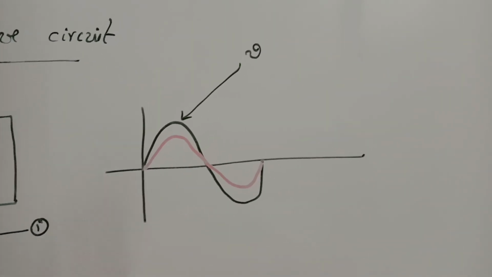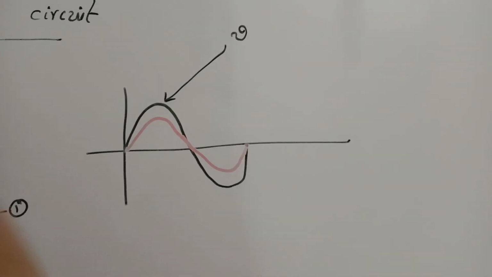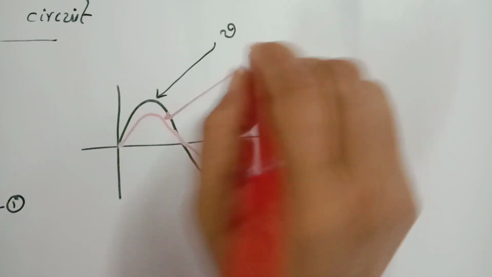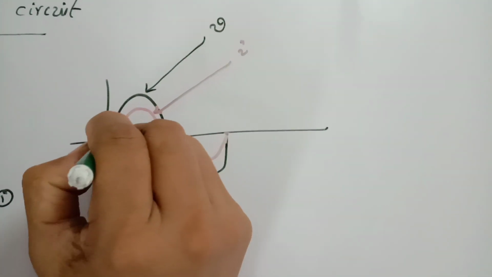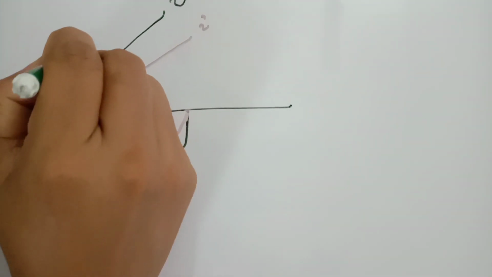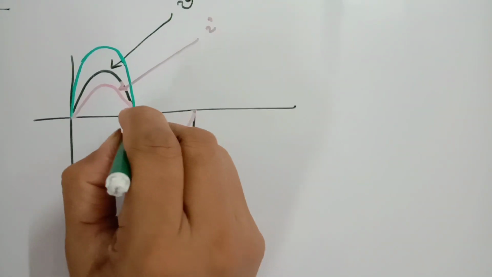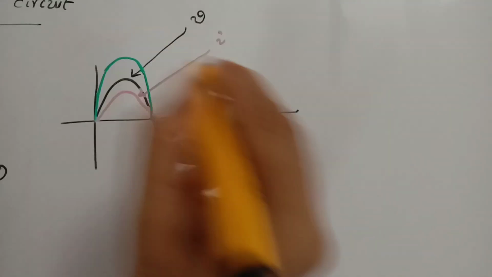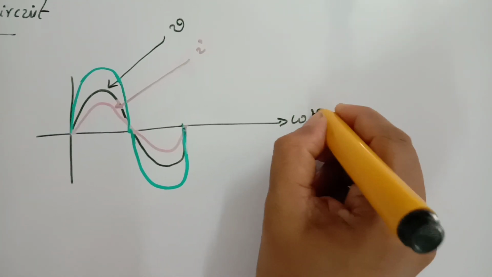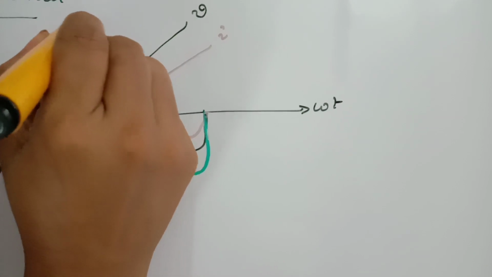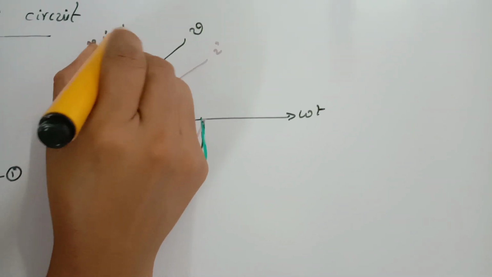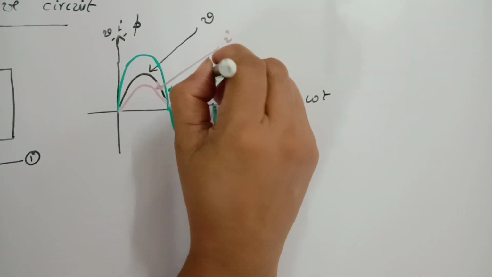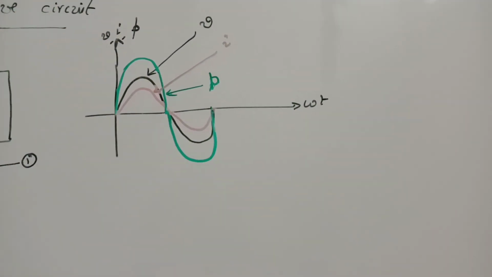Now product of this current and voltage will give the power waveform. So this green waveform indicates the instantaneous power waveform.